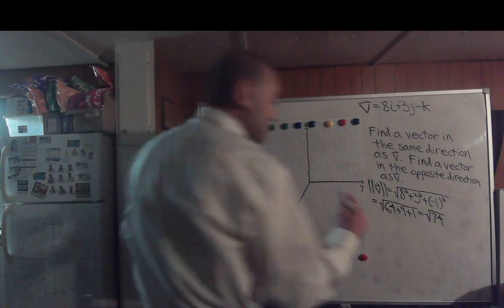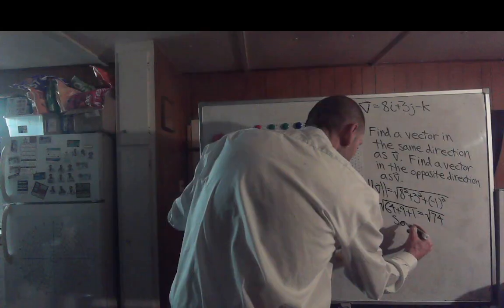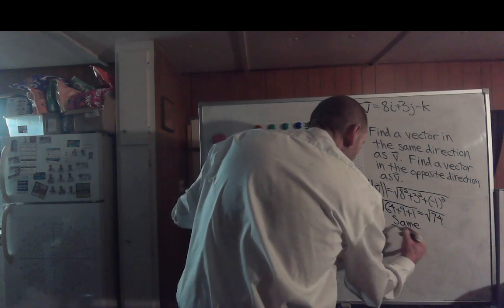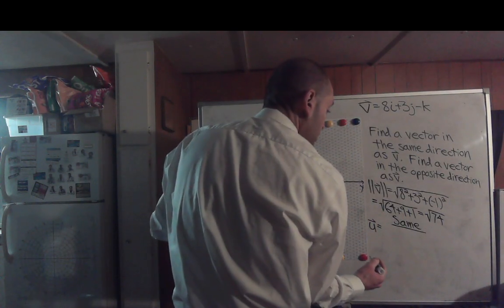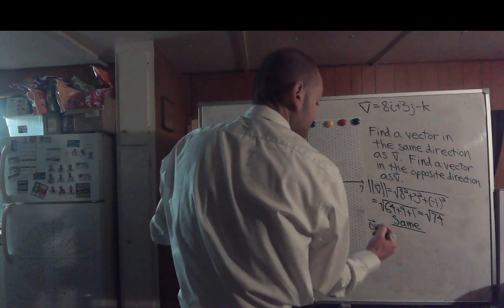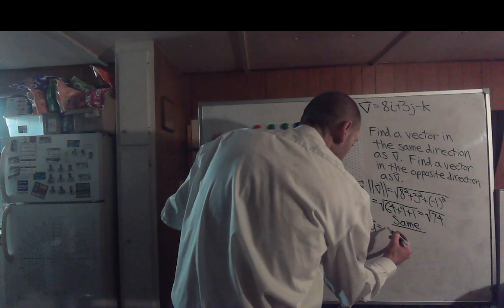So to find the same direction, my unit vector, vector u, is going to equal 1 over the square root of 74.